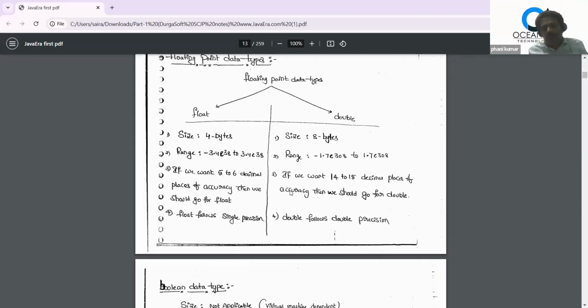So clearly there are two types in floating point representation: the float type and the double type. Float type takes 4 bytes of memory. Double type takes 8 bytes of memory. If I want 5 to 6 places after the decimal point, I go for float.